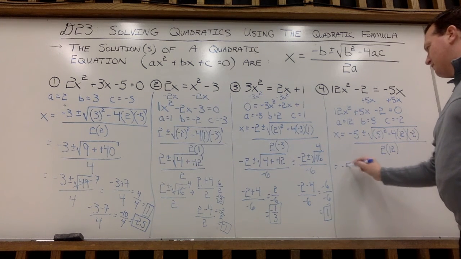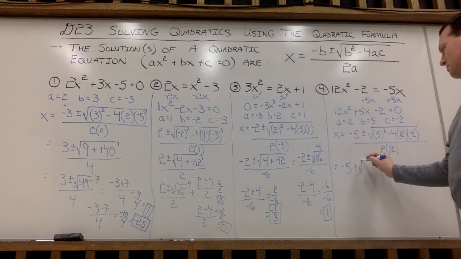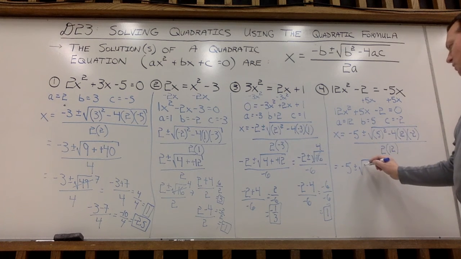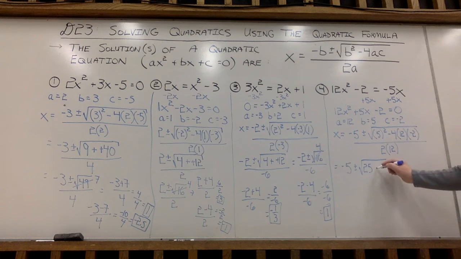Okay, so we got negative 5 plus or minus my square root. B squared, 5 squared is 25, minus 4 times 12 is 48. 48 times negative 2 is negative 96. And we said all over 24.